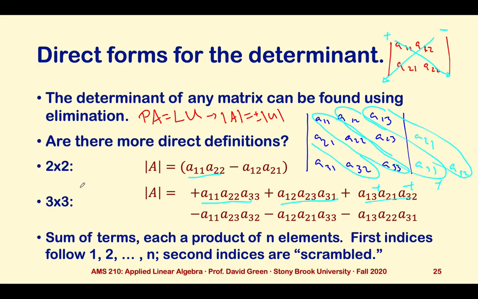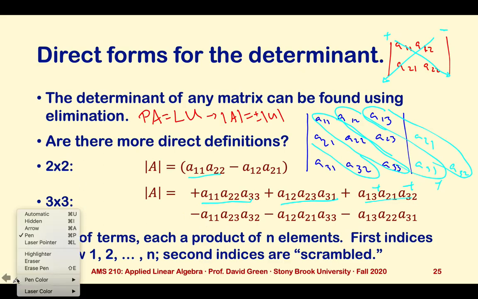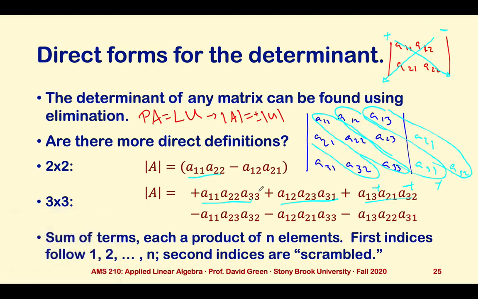And we can then subtract off three backwards products. A11, A23, A32 is the product that we get wrapping around this way, right? Starting here, carrying over to the next row, and so on.